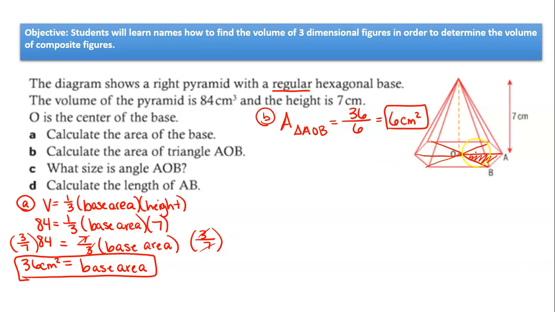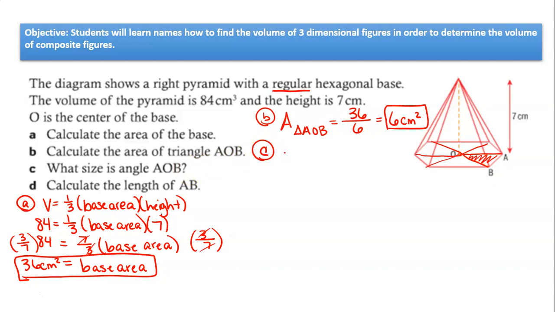Because of the way it's drawn, it's tilted, so you can't see it, but if we were looking directly at the base from the bottom, it would look like all 6 of those triangles are congruent to each other, because it's a regular hexagonal base. So since we know the base area, just divide it by 6 to get the area of that one triangle.